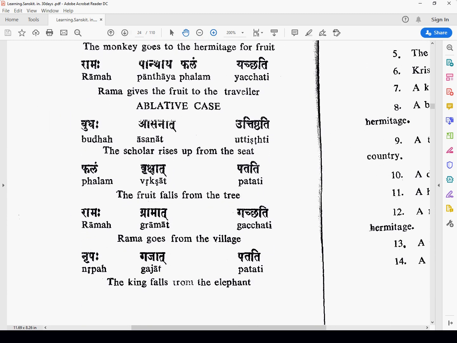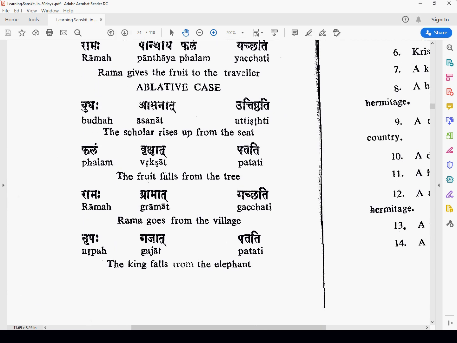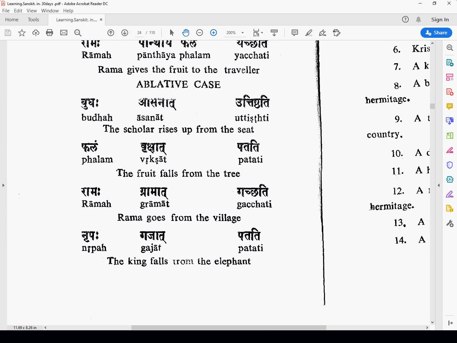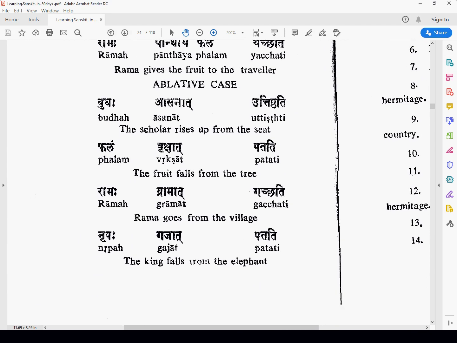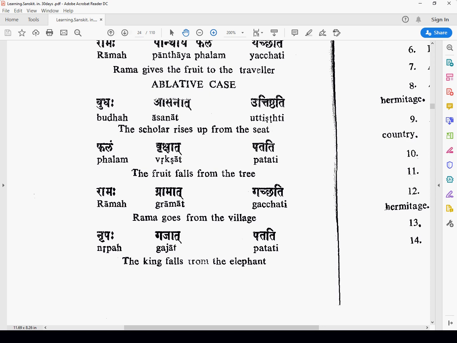Now the next one is also simple. The fifth case ending, which we have already kind of seen before. Atra udaharanam asti. Udaharanam is example. Atra udaharanam asti. Buddha asanat uttishati. Buddha, there is a scholar. Buddha means somebody with knowledge, an able person.